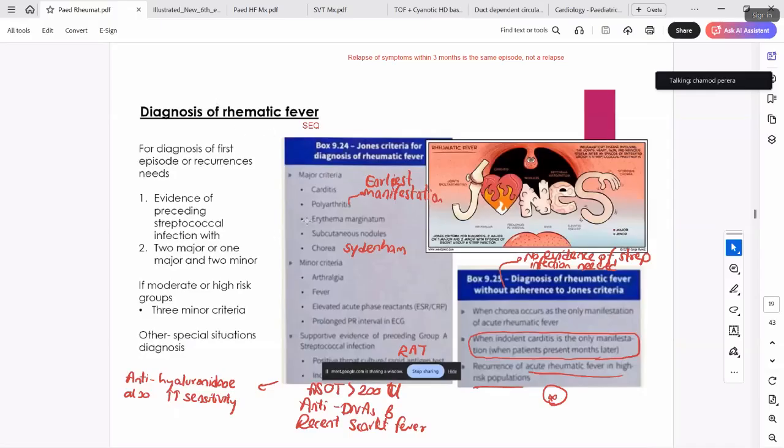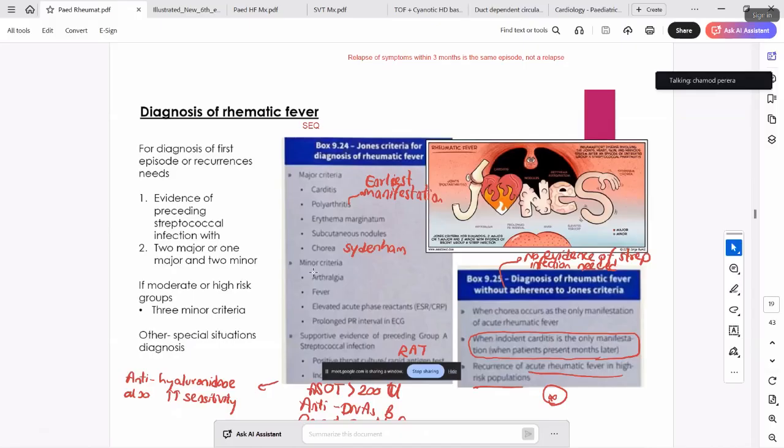These criteria can be asked in the MCQ. They can give a history of a patient, ask what the diagnosis is, and then ask why you said so. In that case, you can say that the patient fits the rheumatic fever diagnostic criteria, and you can state the entire criteria.